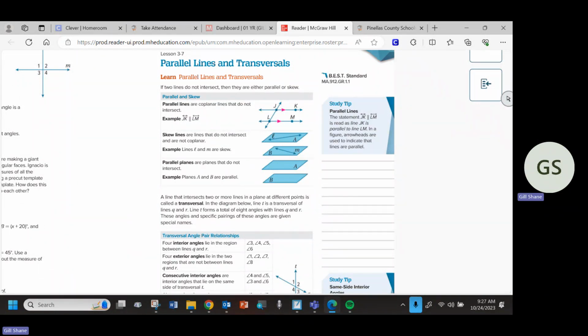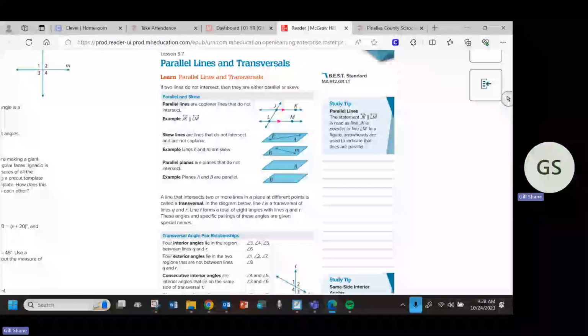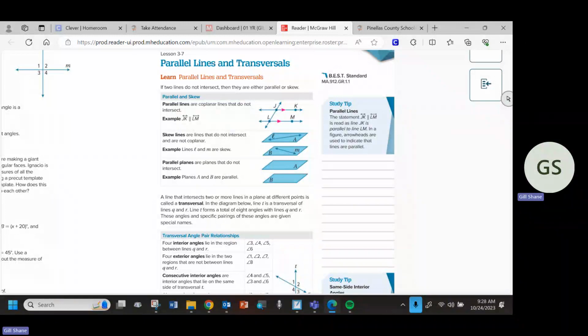So I'm not going to do a lot with definition stuff on this quiz. It's not like some of the other quizzes where it was a lot of memorization. You need to understand what I'm talking about. But I really don't use the word skew lines a lot. I'm hoping that's not something that pops up.